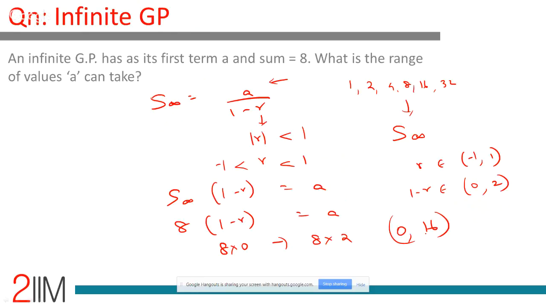But the magnitude of the terms should keep becoming smaller and smaller. Doesn't matter if they go positive and negative alternately, but the magnitude should keep shrinking. If the magnitude kept expanding, then the sum would be plus infinity or minus infinity or indeterminate. So that becomes an issue. So the condition under which you can plug in that A by 1 minus R is important, and modulus of R less than 1. You plug that in, this is a very easy question. Just remember that constraint.